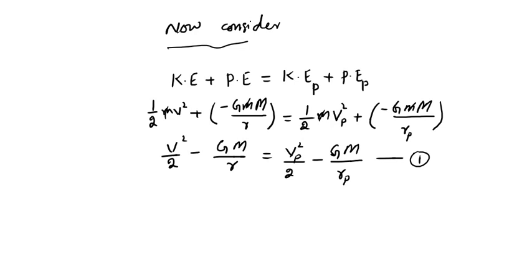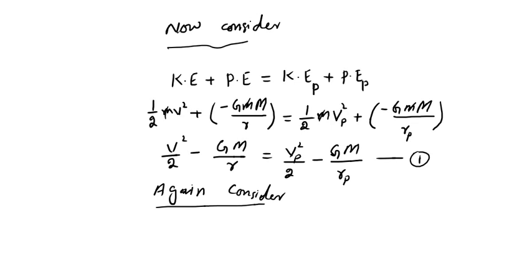Now again consider the energy conservation at both points, apogee and perigee. These are the tricks to calculate the speed of the satellite.